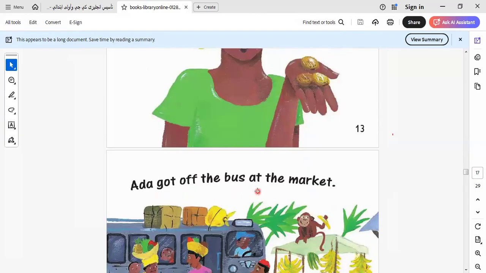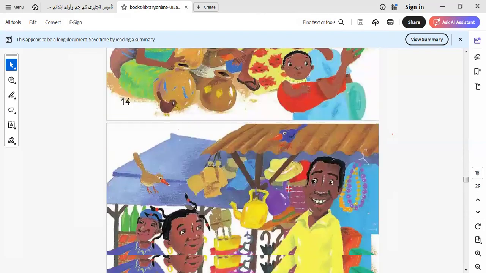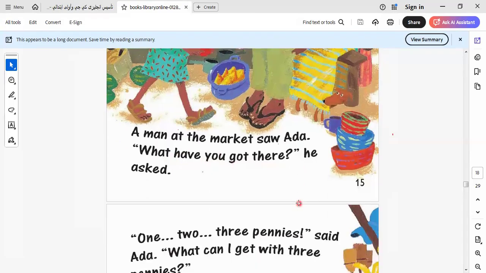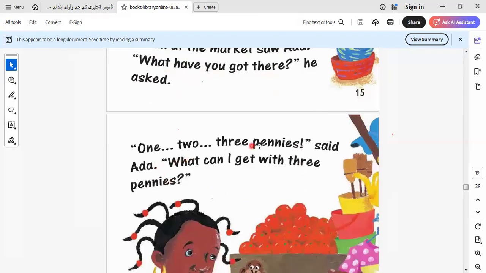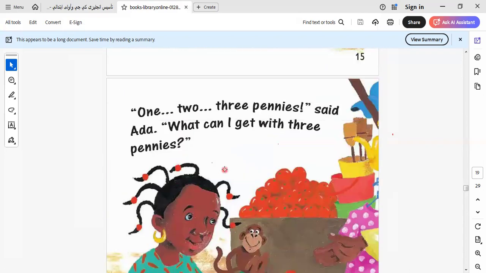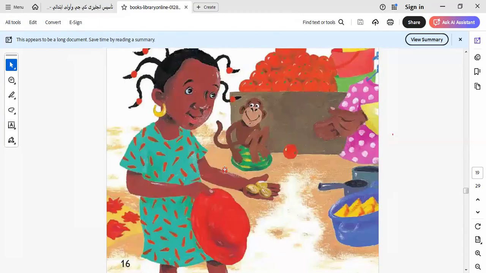Ada got off the bus at the market. A man at the market saw Ada. What have you got there? He asked. 1, 2, 3 pennies, said Ada. What can I get with 3 pennies? So here she asks about the 3 pennies. Buying what? Let's go to know.